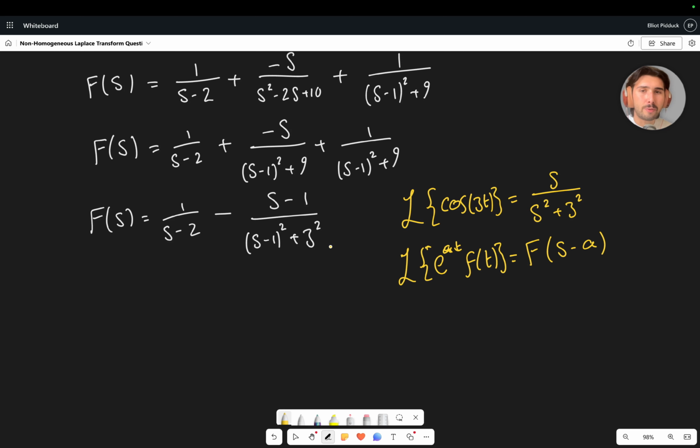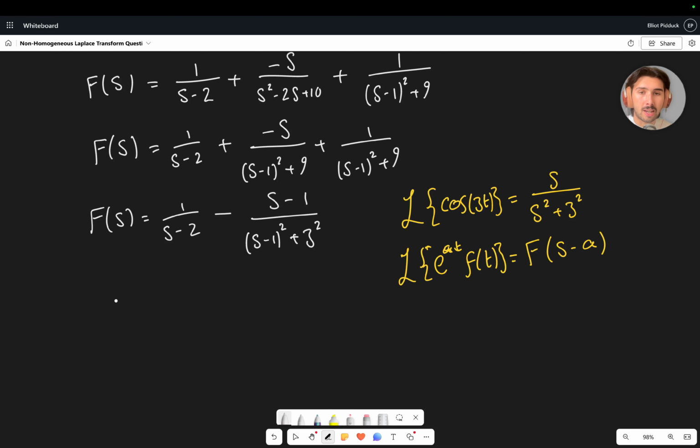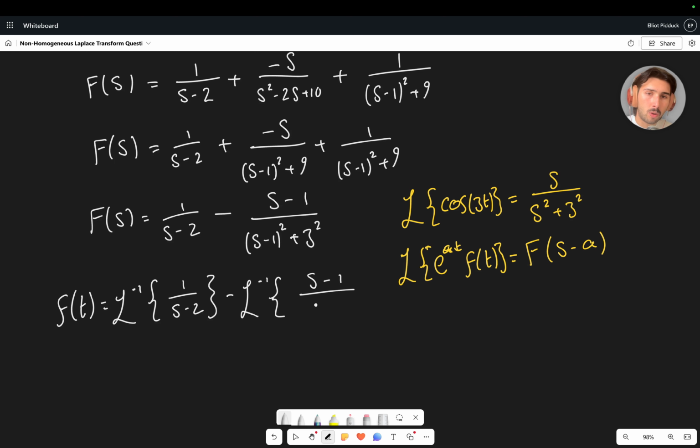Now, what we have is the Laplace transform of cos of 3t, but it is shifted because all of the s's have been replaced by s minus 1s. So, in a second, this is going to come full circle, but if I just take the inverse Laplace transform of both sides, I will have that f of t is equal to the inverse Laplace transform of 1 over s minus 2 minus the inverse Laplace transform of s minus 1 over s minus 1 squared plus 3 squared.